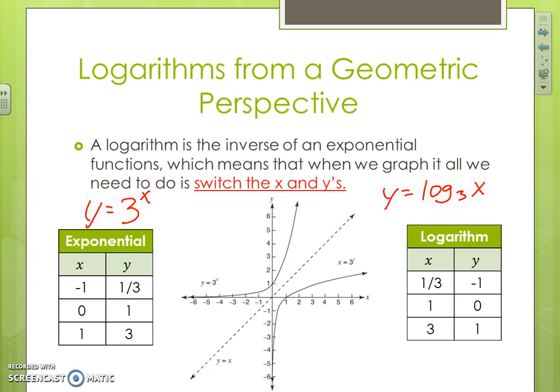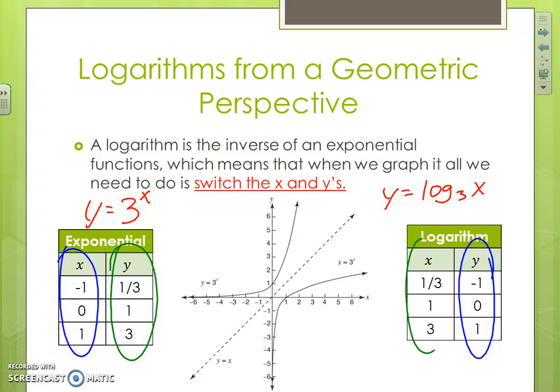Okay, so if I look over here at my exponential function, my x's I knew were -1, 0, and 1. Now I know that my y's are -1, 0, and 1. My x's and y's have switched. My y values were 1/3, 1, and 3. Now my x values are 1/3, 1, and 3.